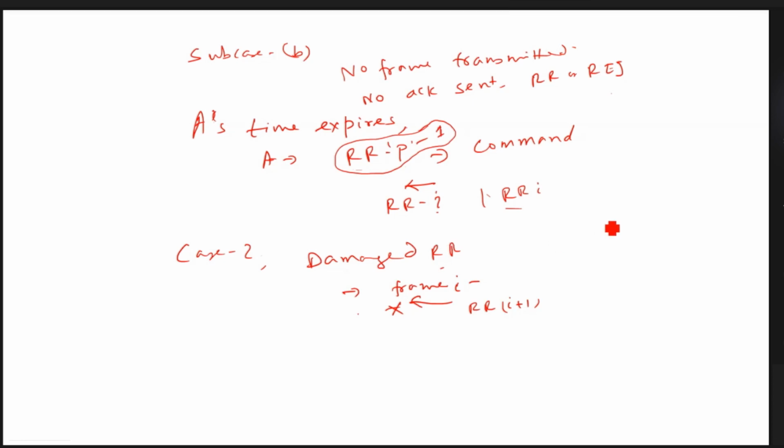Say it is expecting RR2, but RR2 is lost. But the next acknowledgement may be there, indicating RR5.